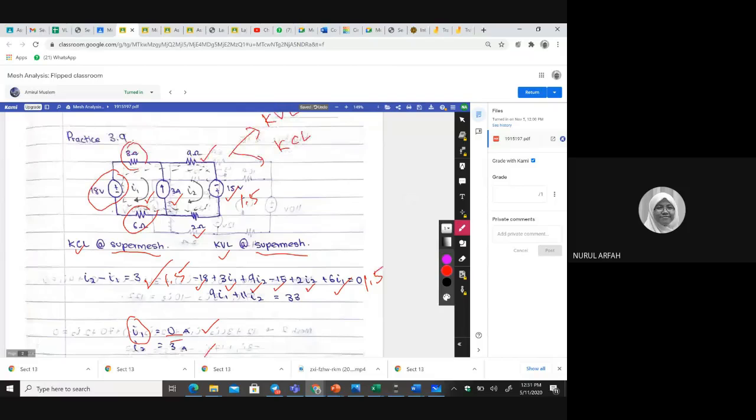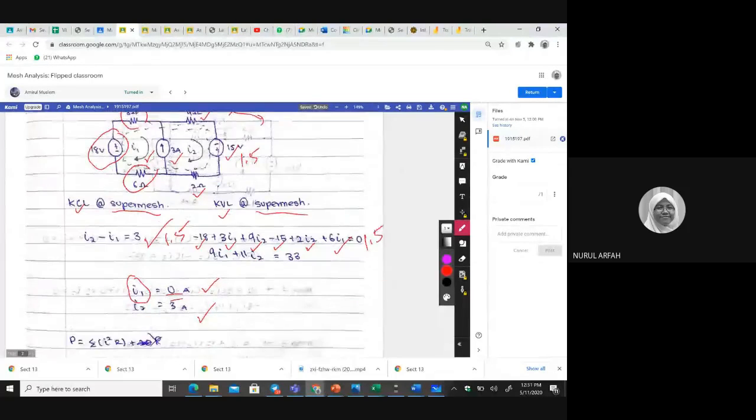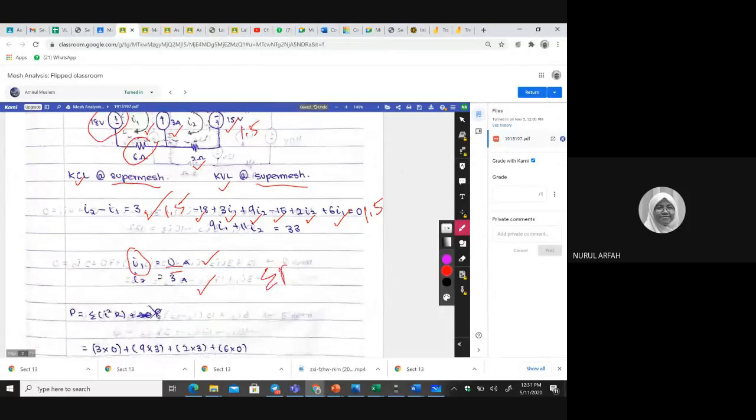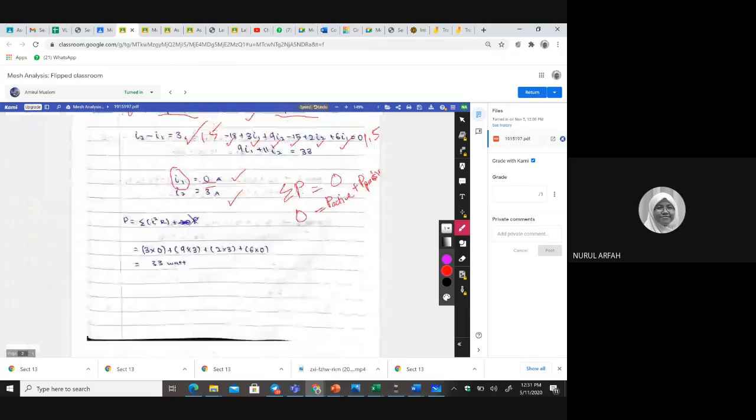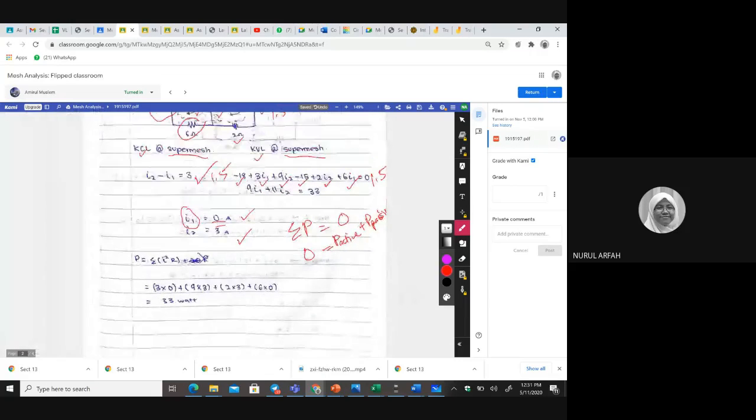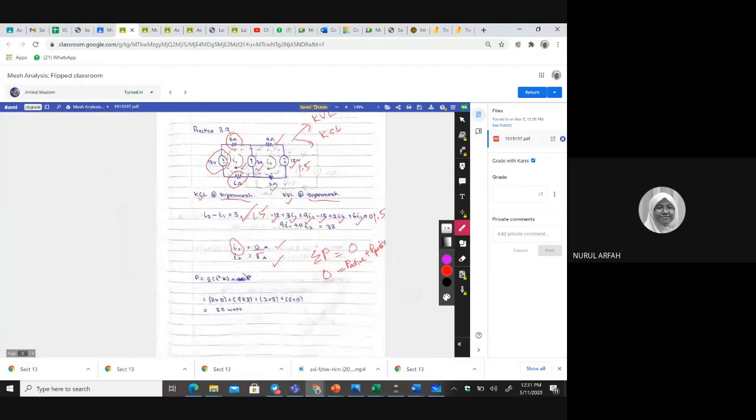What I mean is all the active elements plus the passive elements should equal 0. Power active plus power passive should equal 0. See here. But since the question asks you, what is the question?